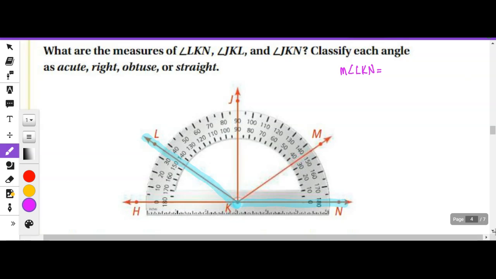You can use either. It's the same as the ruler postulate. So I'm going to do 0 minus, and this looks like it crosses at 145. That gives me the absolute value of negative 145, which is equal to 145, and make sure you put your degree symbol.